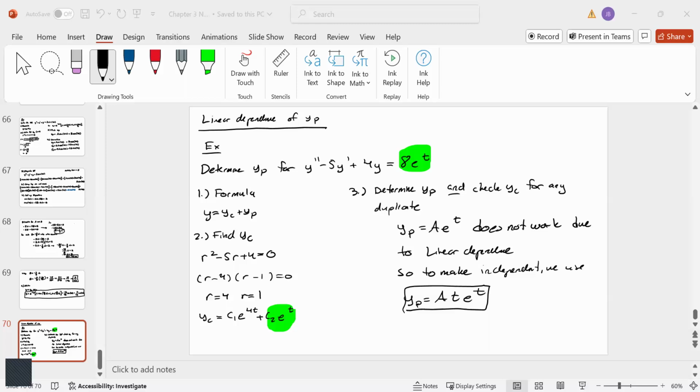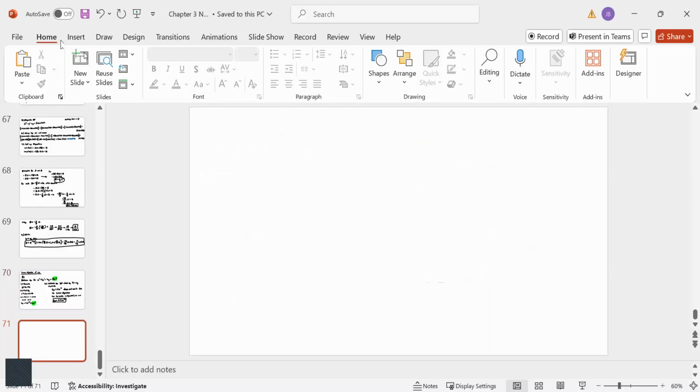And it's the same thing for cosine and sine. If you have cosine of 3t and you also have cosine of 3t in your complementary solution, you just slap a t on it and you're good to go. So let's summarize all of that in words.